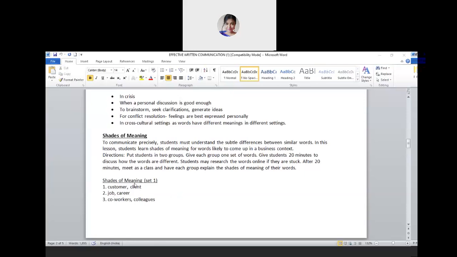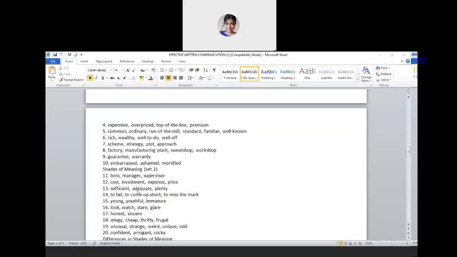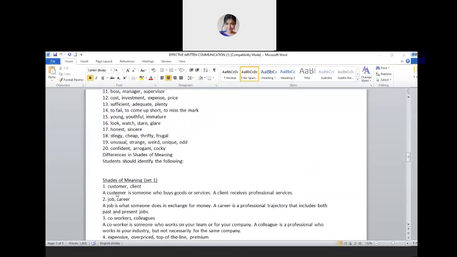There are a few words which look similar, which sound similar, but have different meanings. The words are given, the meanings are given. What you have to do is just read it so that you can understand the difference between the words which seem similar.